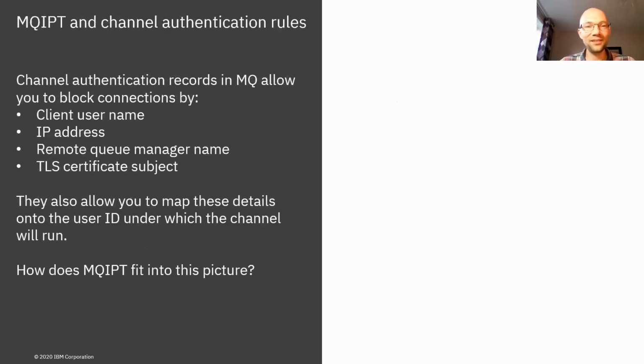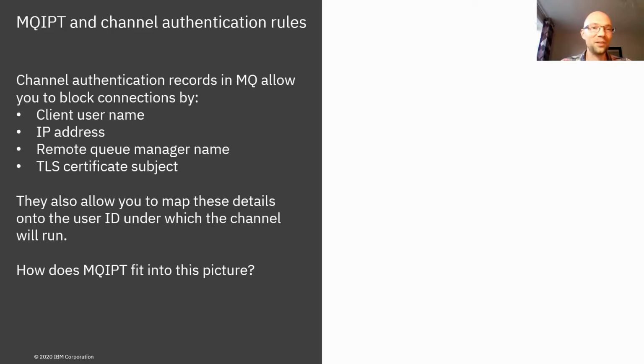Now, you might be thinking, when I was talking about all these things that IPT can do, say, allowing or blocking certain connections based on things like TLS certificates provided by the client, or based on things like the IP address where the connection is coming from, well, MQ can actually do that as well.